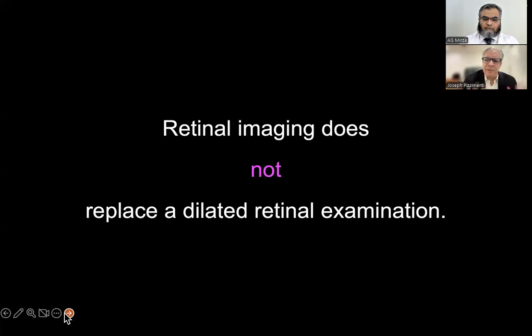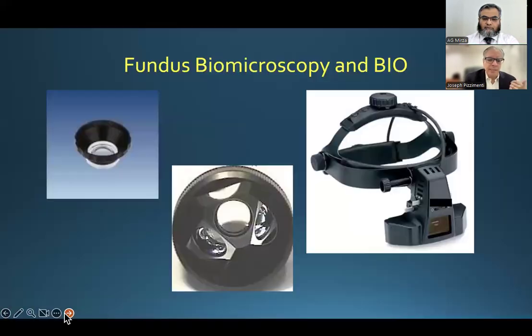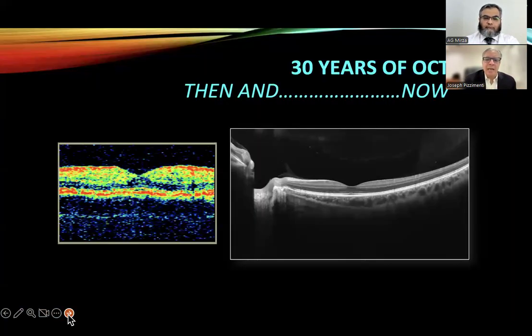So the wide field imaging and the OCTA should not be used in lieu of a traditional retinal exam, but in addition to a dilated retinal examination using a binocular indirect ophthalmoscope, condensing lenses, sometimes scleral depression, perhaps three-mirror fundoscopy, all types of contact and non-contact lens fundoscopy, along with the slit lamp. So you still must be a good clinician, a good examiner.